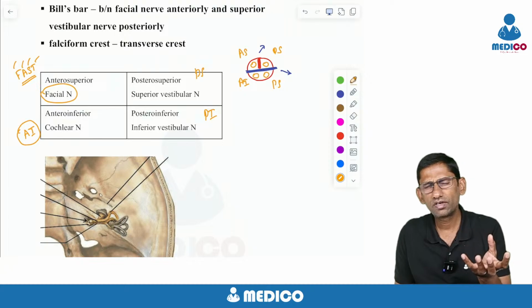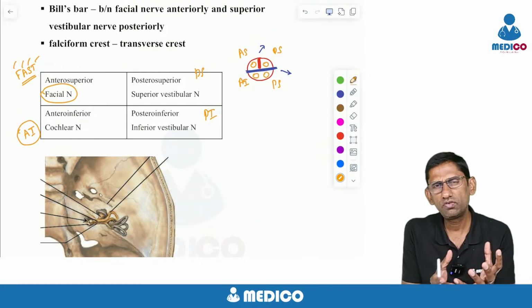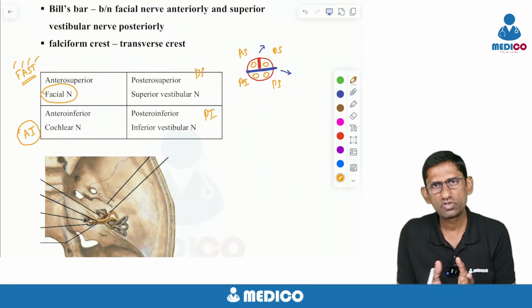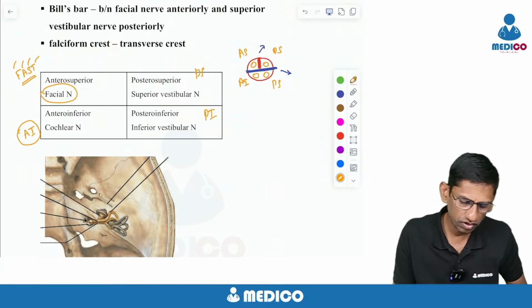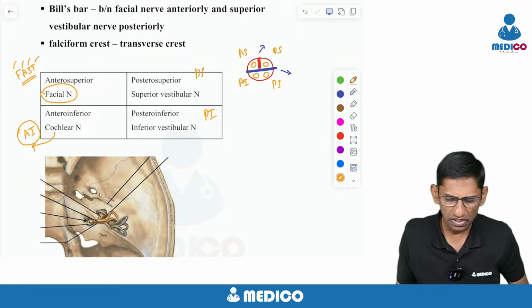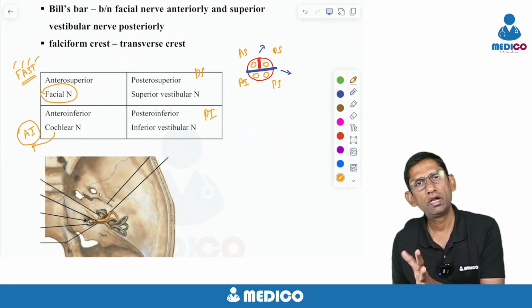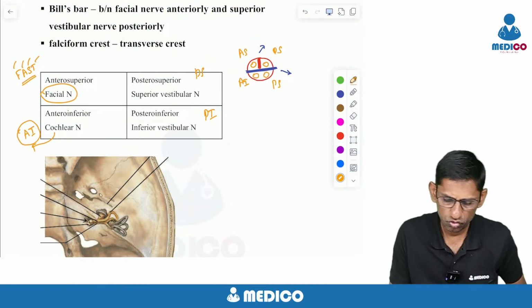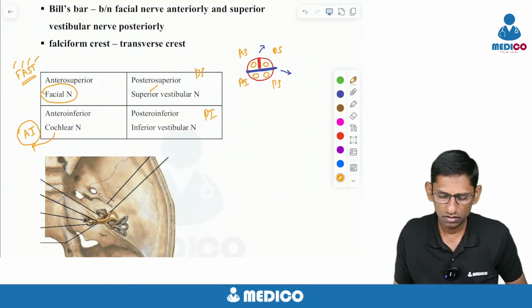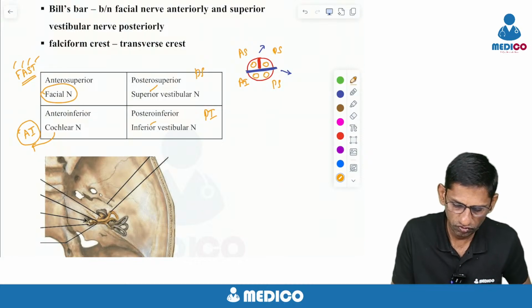So what nerve can be present in the antero-inferior part of the internal acoustic meatus? Anterior part is cochlea, so the antero-inferior nerve will be the cochlear nerve. And of course, the posterior bundles will be vestibular bundles. We have the two bundles: postero-superior has the superior vestibular bundle and postero-inferior has the inferior vestibular bundle.